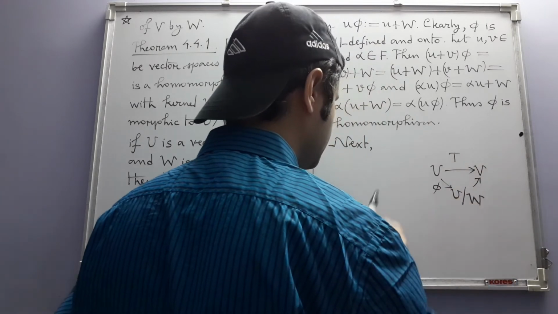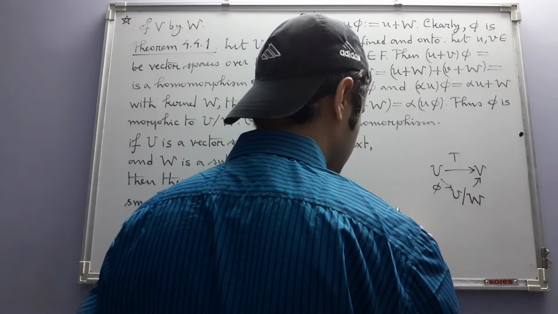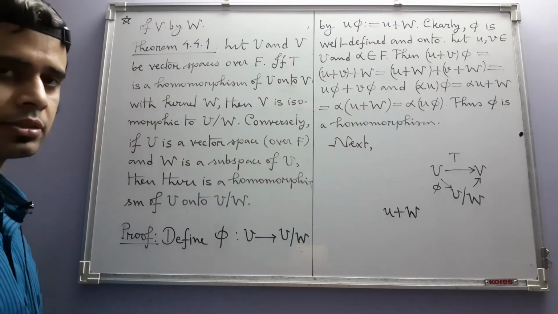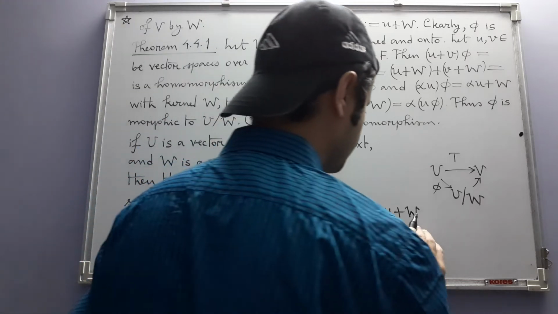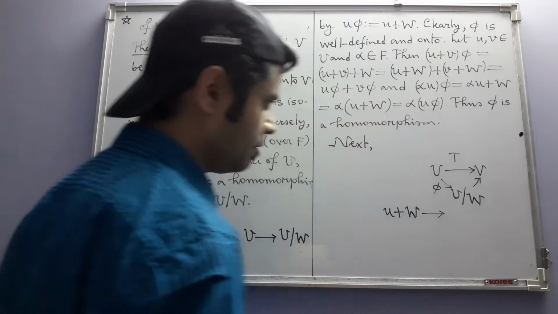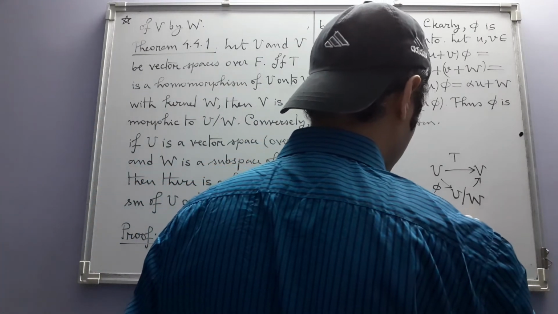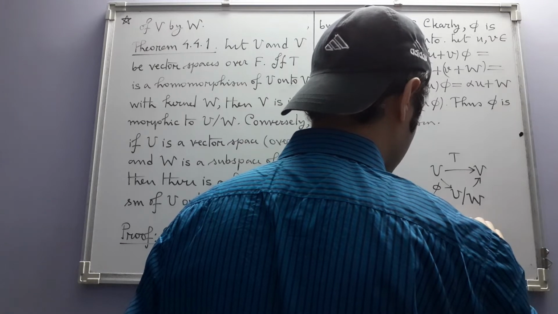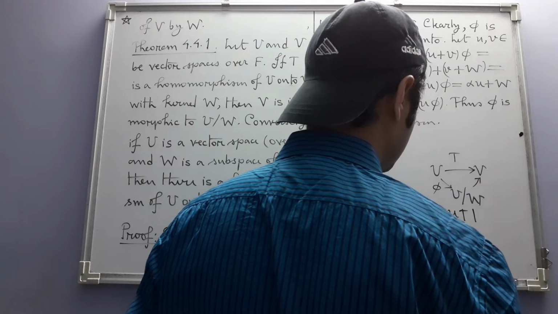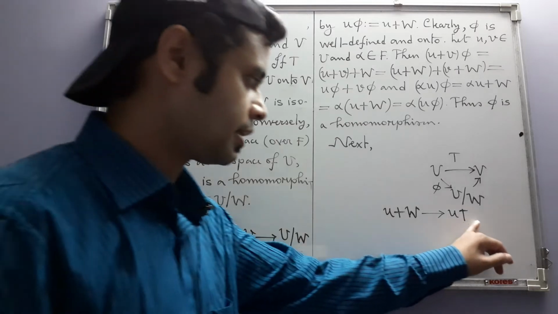Okay, let me just first try from this side. So from this side, if we start, then our input will look like this, some u plus W in U by W. Okay, that will be mapped onto uT. Does it make sense?